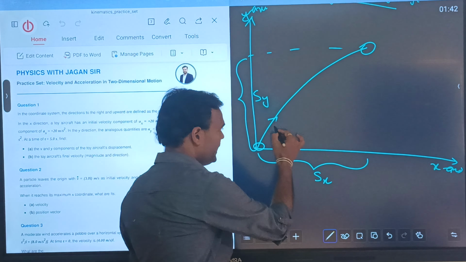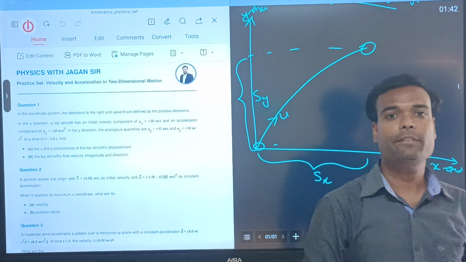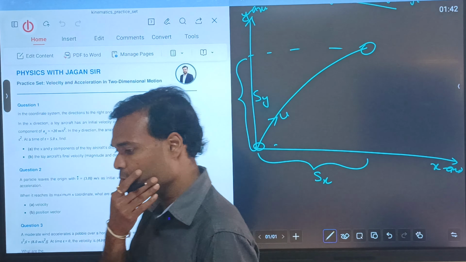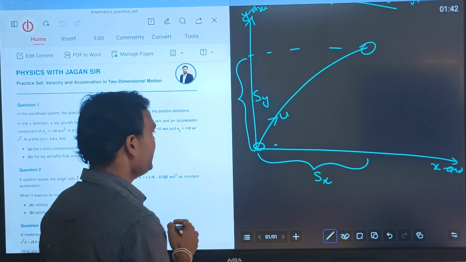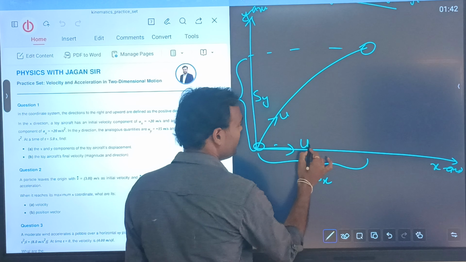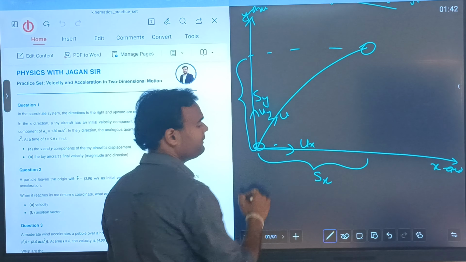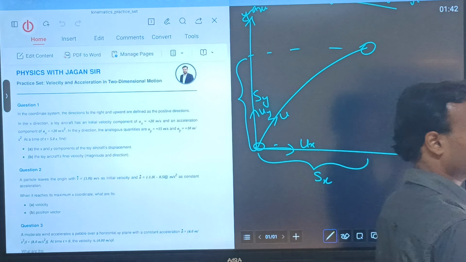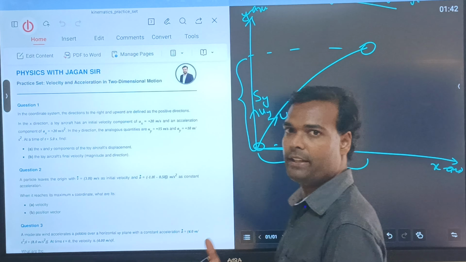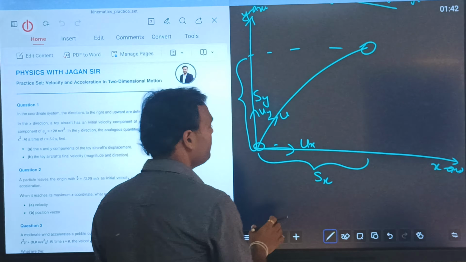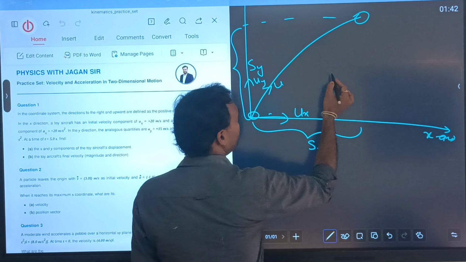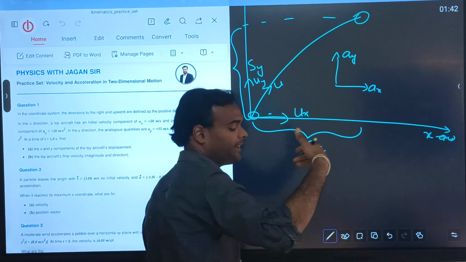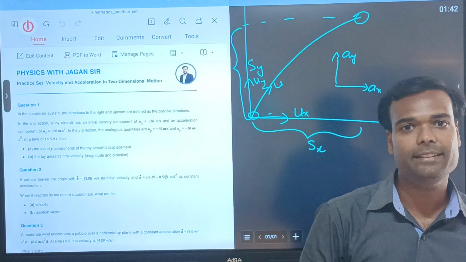Now let us assume initially it has an initial velocity u. It gives ux on the x-axis and uy on the y-axis. It will have two velocities, initially ux on the x-axis, initially uy on the y-axis. Clear? One more point I missed here: it possesses acceleration on the x-axis as ax, and acceleration on the y-axis as ay.